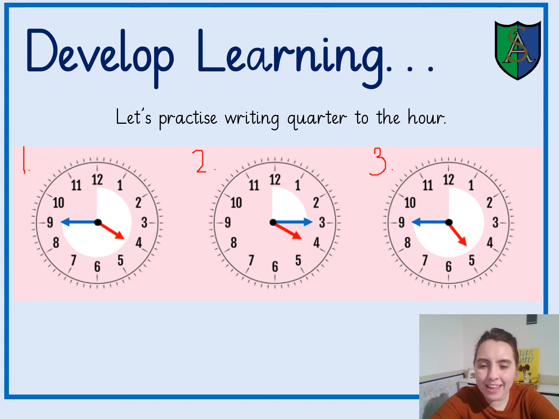Can anybody think which hour it is quarter to there? Which one is the red one almost pointing at? Well done if you said 5. We can see that this clock reads 5:45, can't we? Because we know that it's on the to side, and we know that it is pointing at 9, and that tells us that it is quarter to the hour.